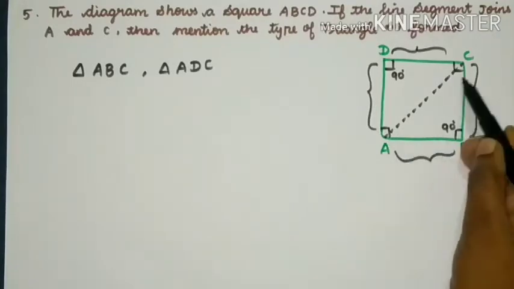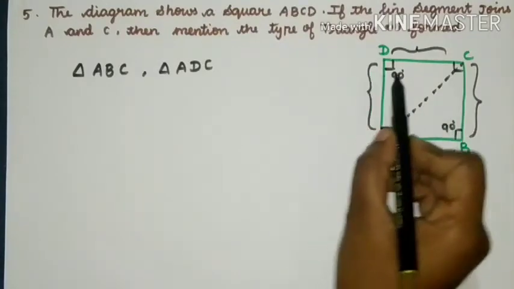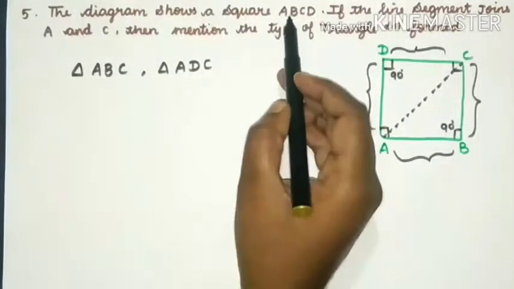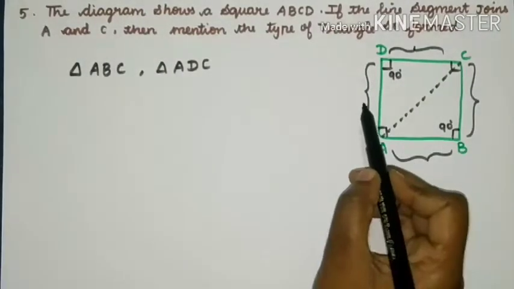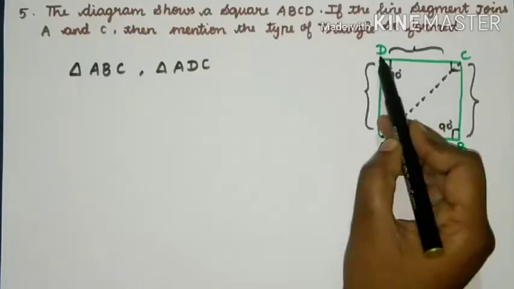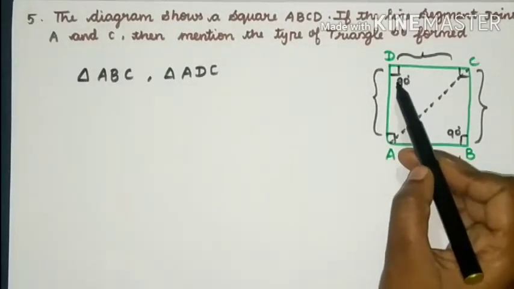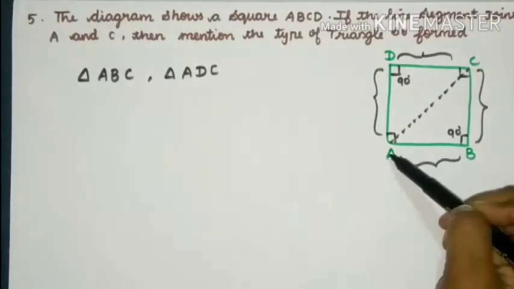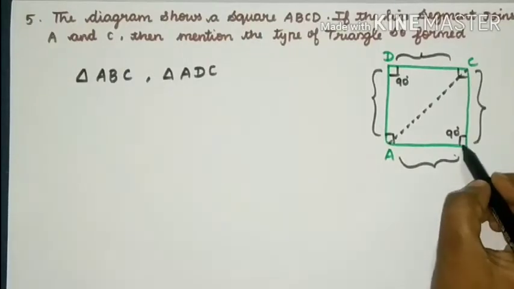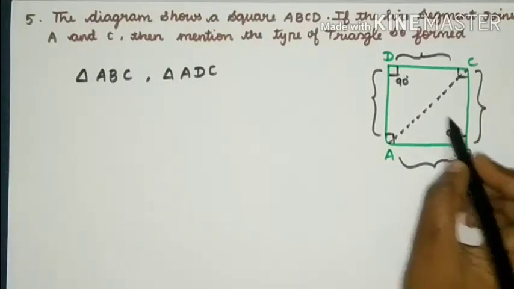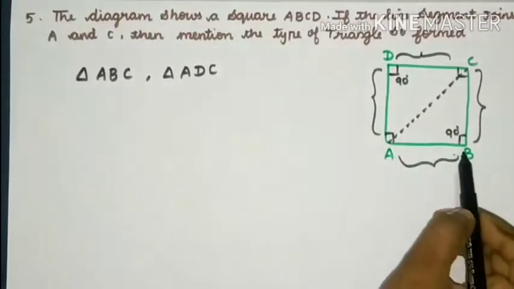After drawing the line segment to join A and C, we get 2 triangles. In square ABCD, all the 4 sides are equal and all angles are 90 degrees. See, in a triangle, one of the angles is 90 degrees, which means it is a right angled triangle. Similarly, for triangle ABC also, one of the angles is 90 degrees. So, triangle ABC and triangle ADC are right angled triangles.